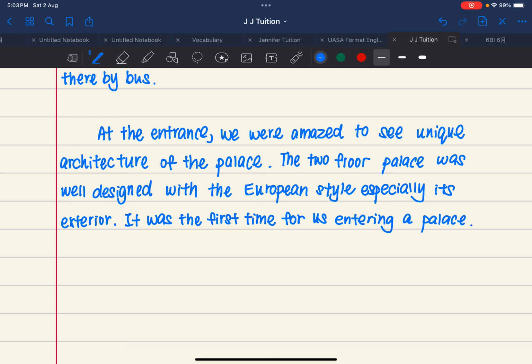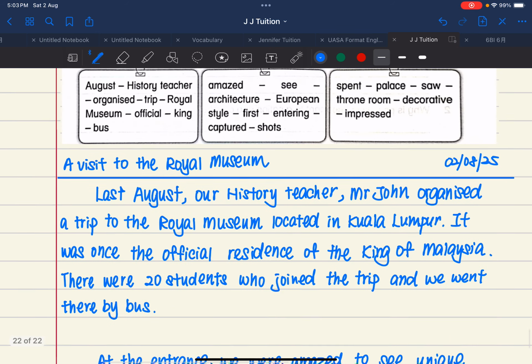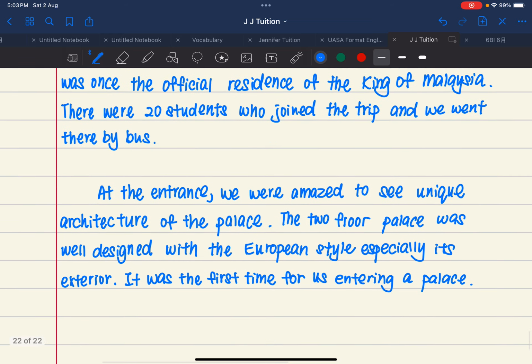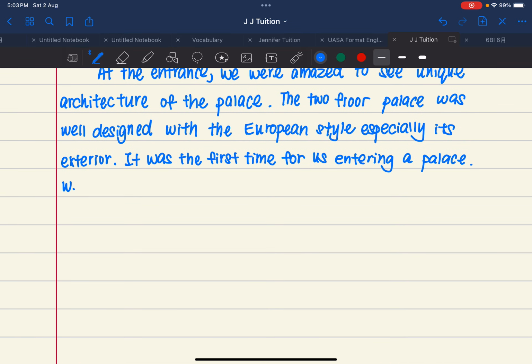Okay, what would you do when you go to such beautiful, unique places? Like the picture mentioned here, they take a shot, take pictures. So we can mention that we captured some beautiful pictures. Also, instead of pictures, you can write beautiful shots of the palace.